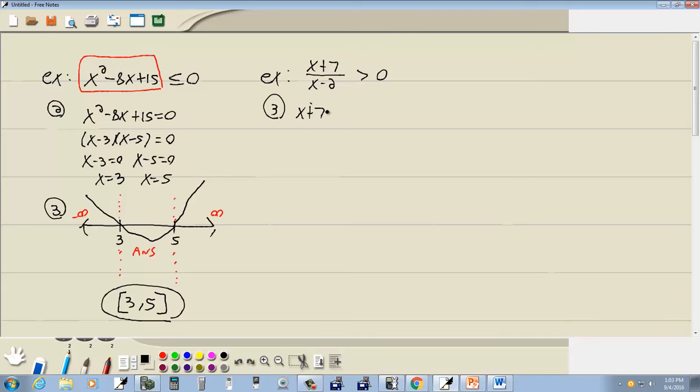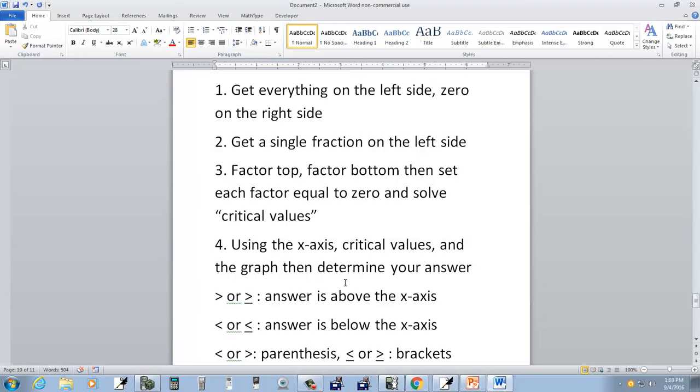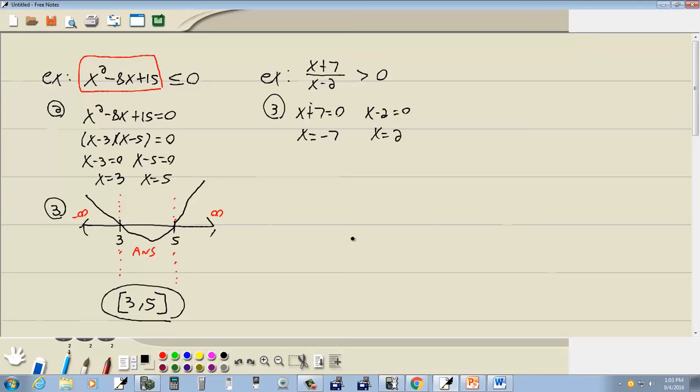So we got x plus 7 equal to 0. And we got x minus 2 equal to 0. Which gives us x equals negative 7 and x equal to positive 2. Step 4. Using the x-axis, here's negative 7, here's 2, and the critical values. Remember, these split them up into intervals.